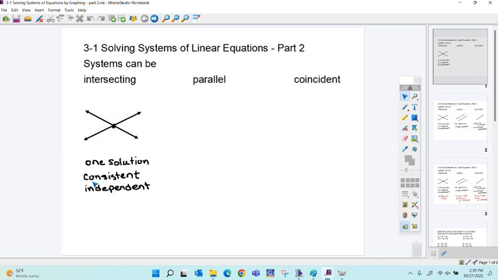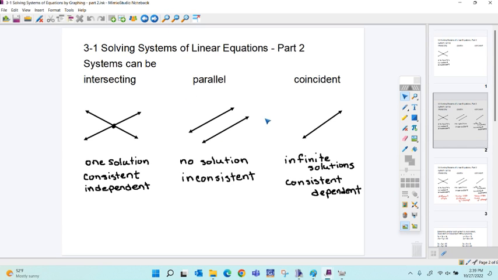The words that go with that are consistent, meaning they have a solution, and independent, meaning they're two different lines. Parallel means no solution, so you can write that in. If you get two lines that don't intersect, we call that inconsistent because there's no solution.